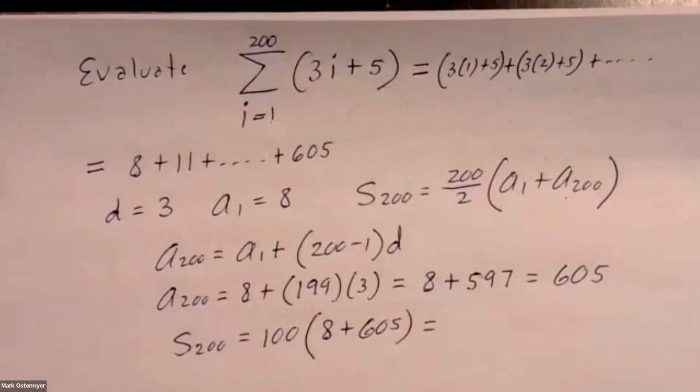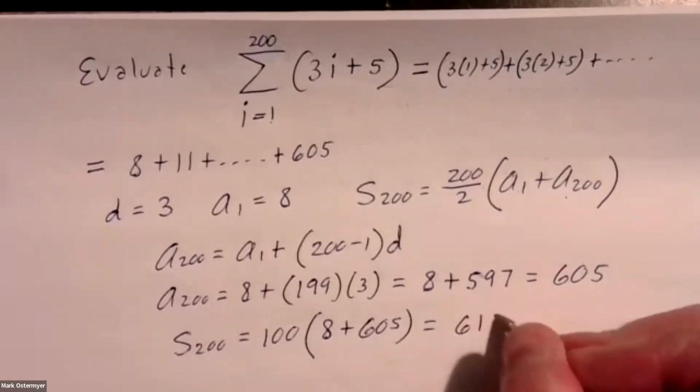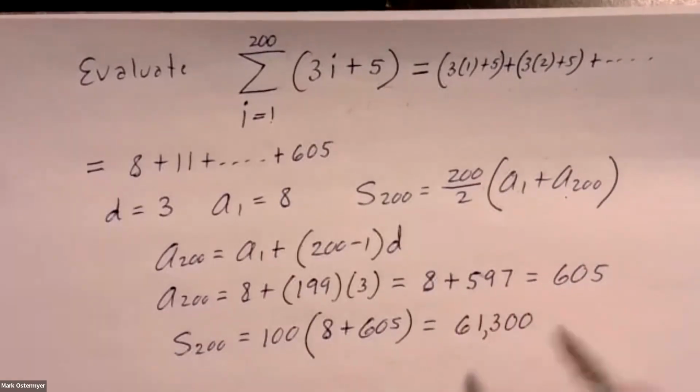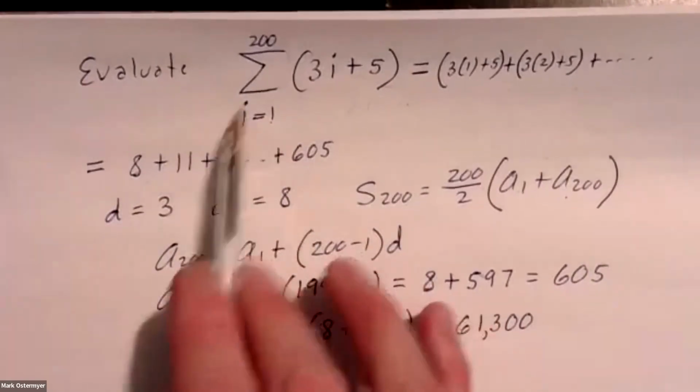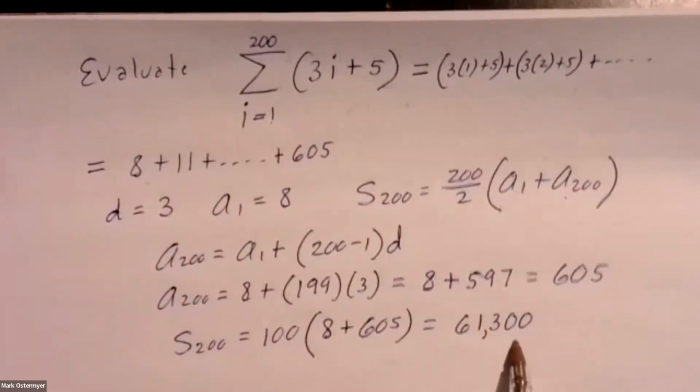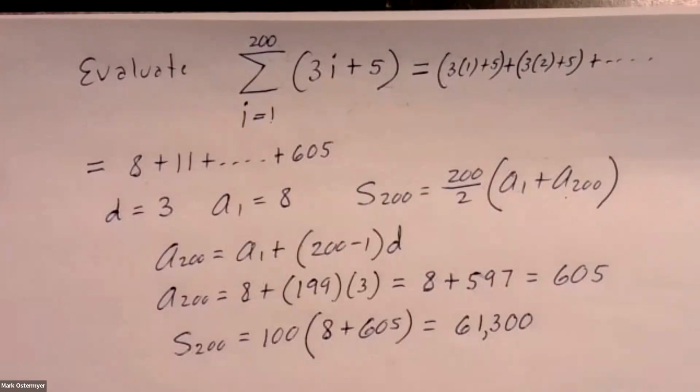So we get 100 times 605 plus 8, and I get 61,300 for the sum of the first 200 terms of the sequence. So 61,300 would be the evaluation of this arithmetic series. And that's your answer. Any questions on how we did that problem here?